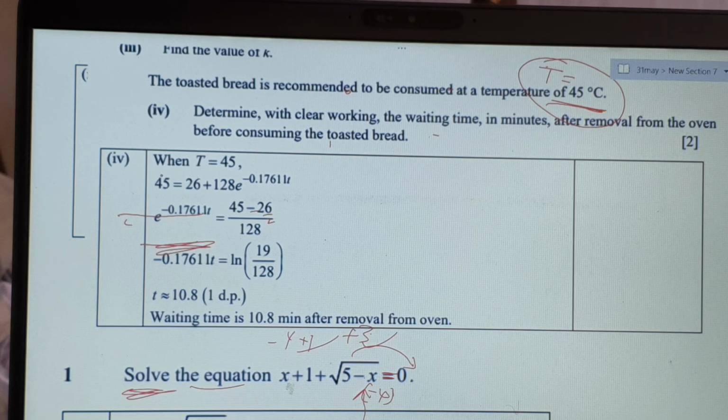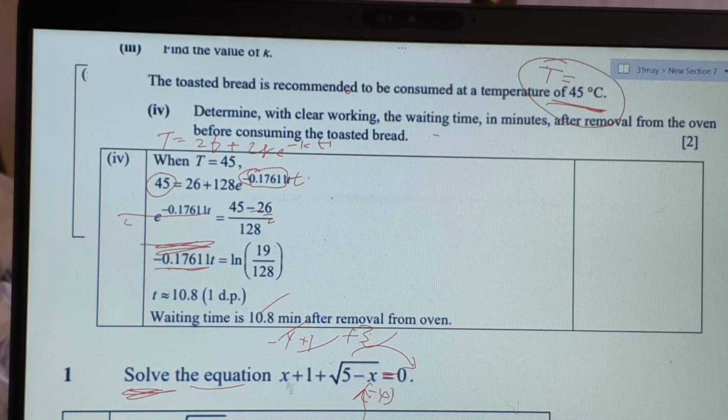So this T is this T. Do you remember the given formula? And then just now your K is this one, right? Then your T is what you want to find. So again, you minus 26 both sides, divided by 128, then you ln, then you divide by this, then that's all.